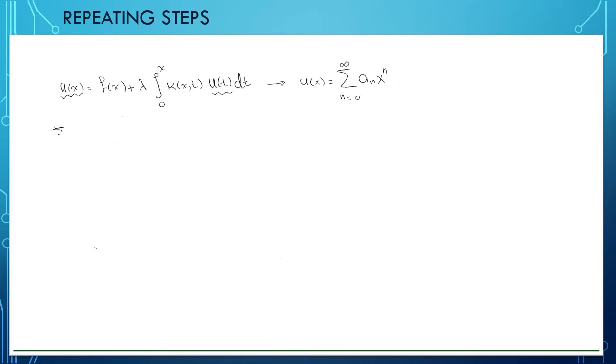to get summation a n x^n equal to f of x plus lambda, the integration from 0 to x k of x and t, summation a n t^n dt, n from 0 to infinity for both summations.